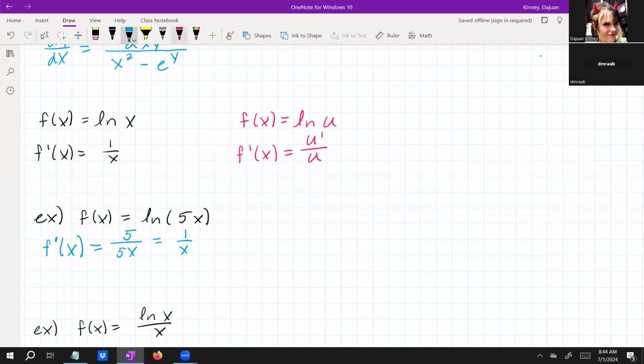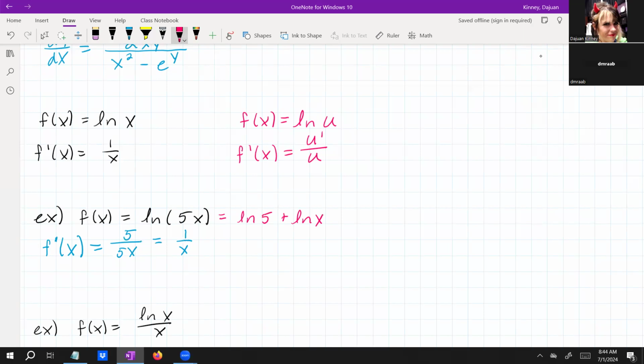There's a reason. If you remember your logs, since we're multiplying two things inside of our natural log, we can split it up into natural log of 5 plus natural log of x. This is the section we didn't talk about, but hopefully it's familiar to you.